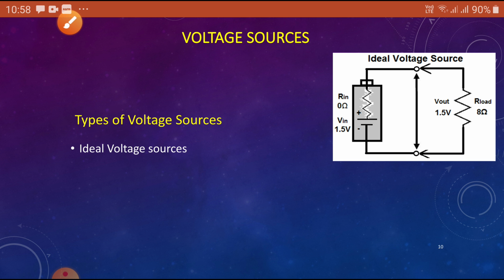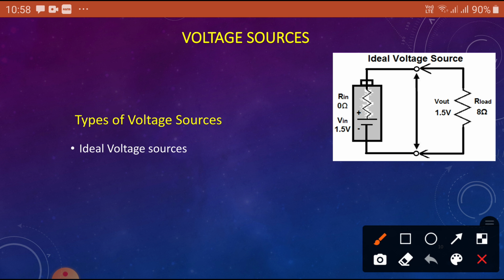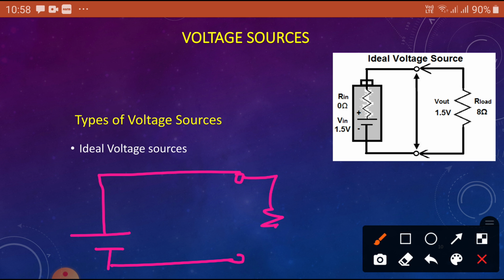So whatever the source gives goes directly to the load, so the terminal voltage Vt equals the source voltage Vs.